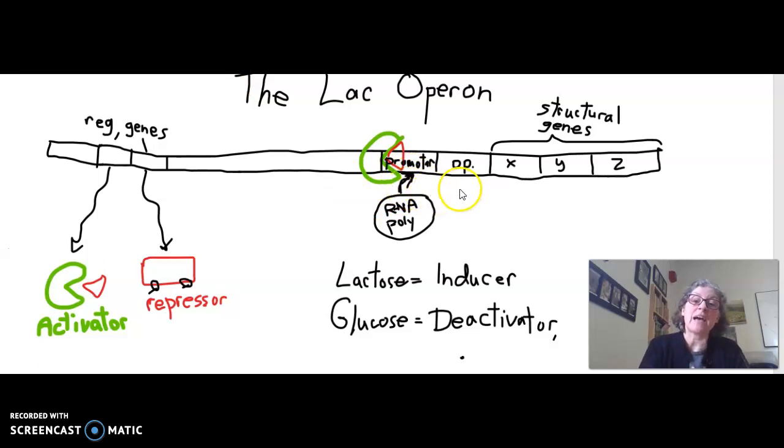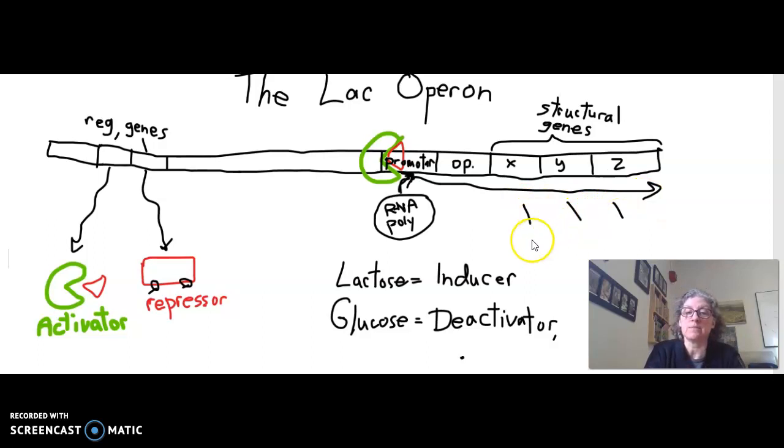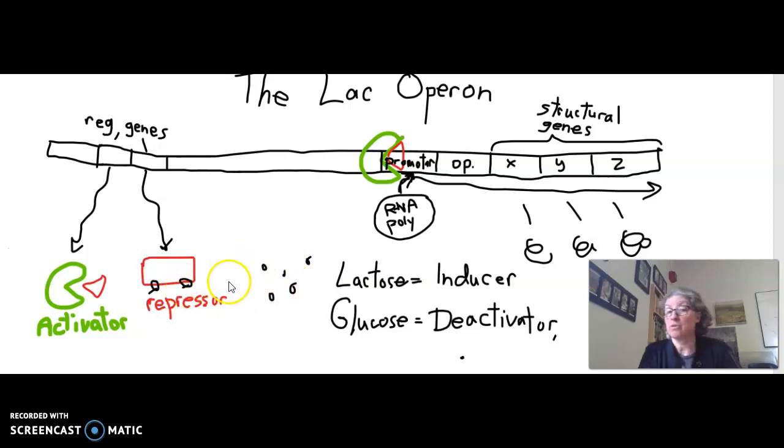So it's not just the lack of repressor that has to be here. You also need the presence of the activator to allow this to go and transcribe and translate and create those three proteins that are then going to go and find the lactose sugar molecules that are over here, inducing and keeping the repressor away, right? So in order for the Lac Operon to really work, you need two things to be true.